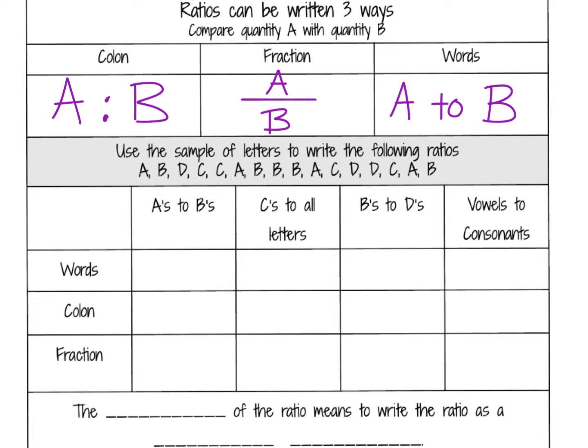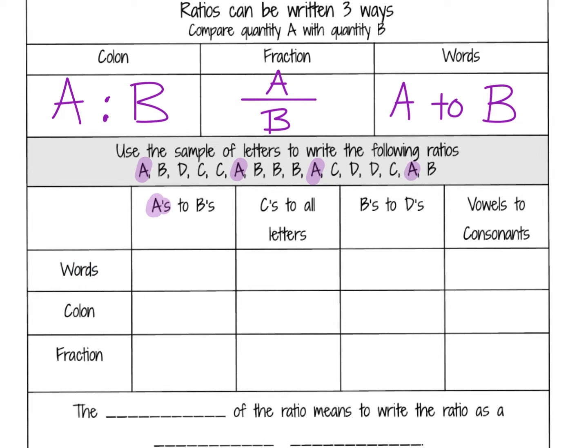Alright, so sometimes we use ratios with lists of things or groups of stuff. And so we have this sample of letters here to guide us. So in this column, we're going to write the ratio of A's to B's. So basically all you have to do is count how many of each thing you're finding. So we're going to count how many A's are in that list. There's 1, 2, 3, 4 A's.